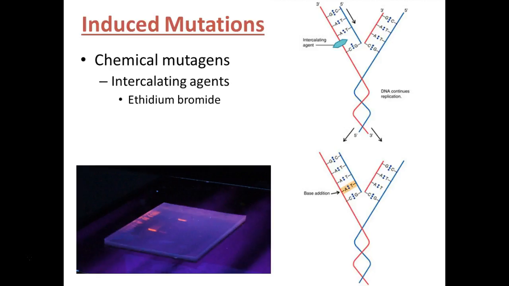We need something to help visualize it. And that's what ethidium bromide helps do. It binds to the DNA, and when you shine the UV light on it, it fluoresces. So these lines represent where the DNA is in the gel, and its location in the gel is based on the size of that piece.